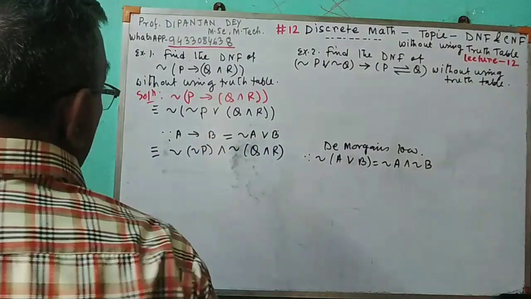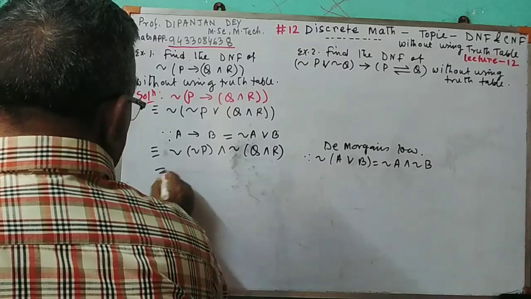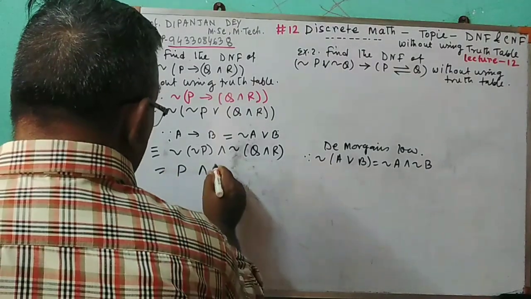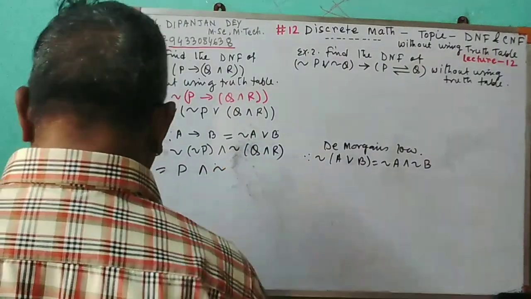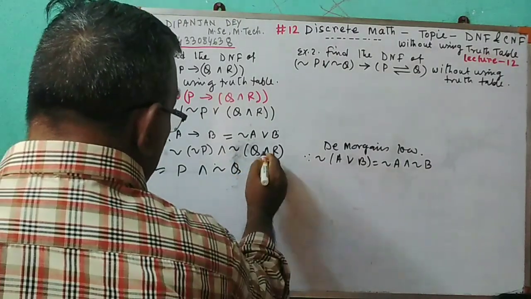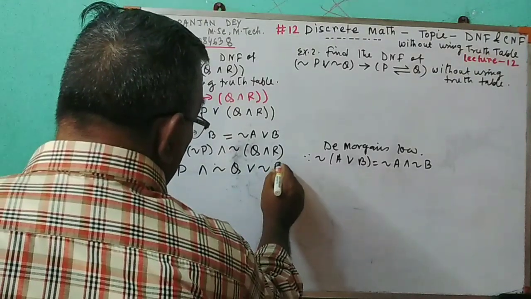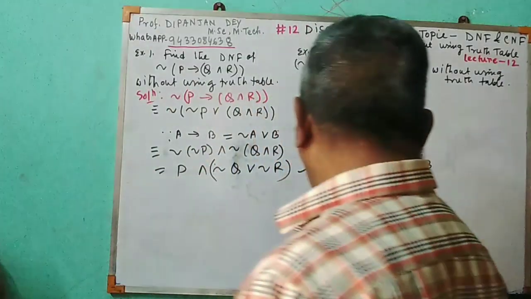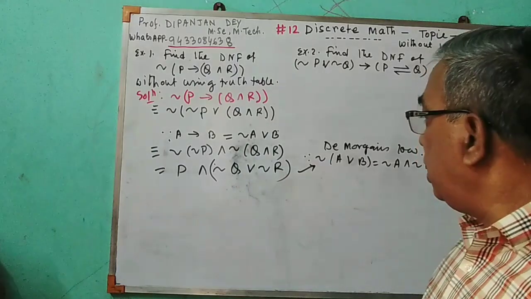So here is disjunction, it will be conjunction. And negation of negation P, this is also P. P implies negation, again disjunction, again De Morgan's law applying here, that is negation Q, this is conjunction, this will be disjunction, negation R. Again here I am applying De Morgan's law.